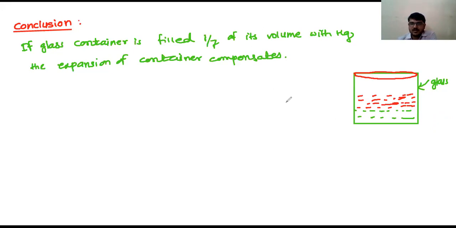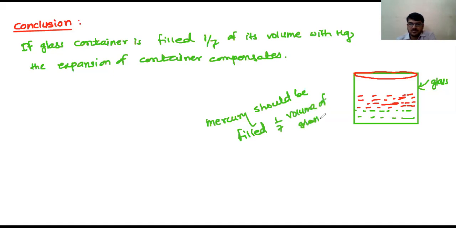You can see here, I will write with green ink, this is mercury, which should be filled phi/7, or you can write like this also, 1/7 of the volume of the glass container. Clear?